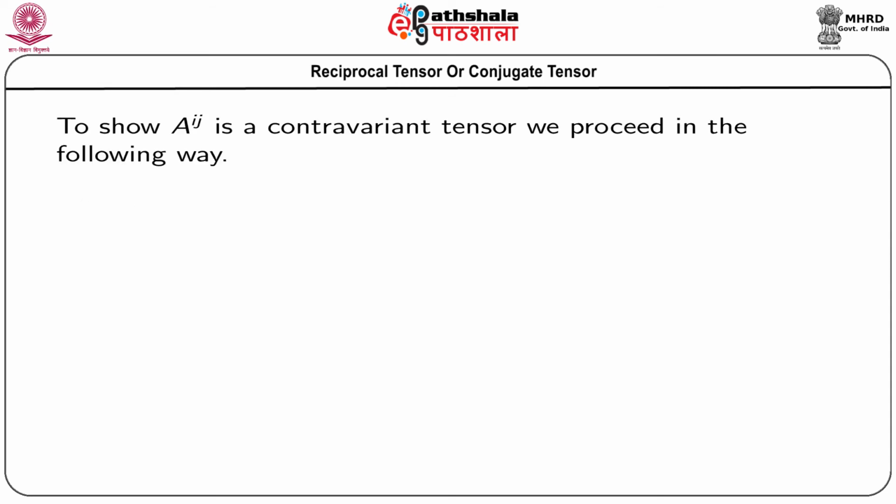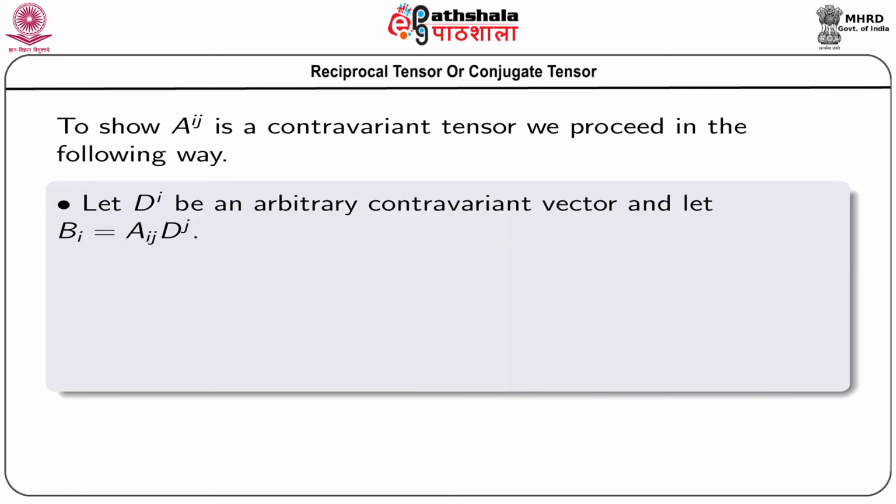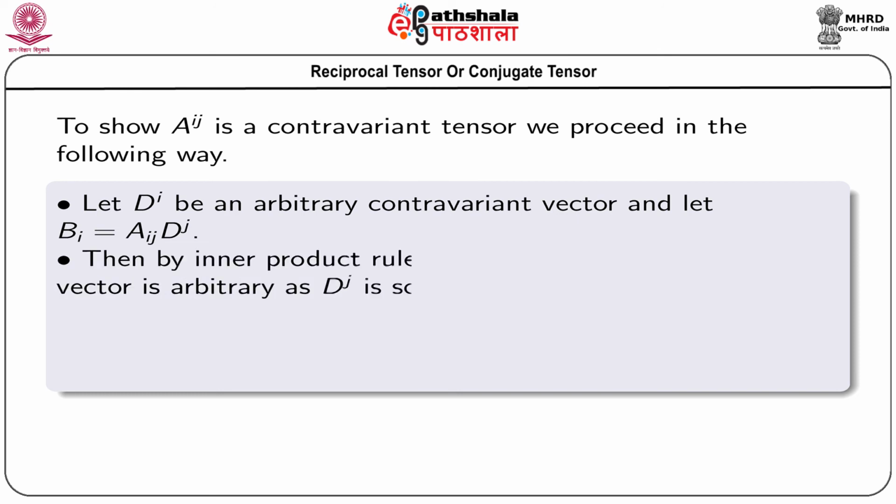Now, to show A upper ij is a contravariant tensor, we can proceed in the following way also. Let d^i be an arbitrary contravariant vector and let b_i equal A_ij d^j. Then by the inner product rule, b_i is a covariant vector. This vector is arbitrary as d^j is so.